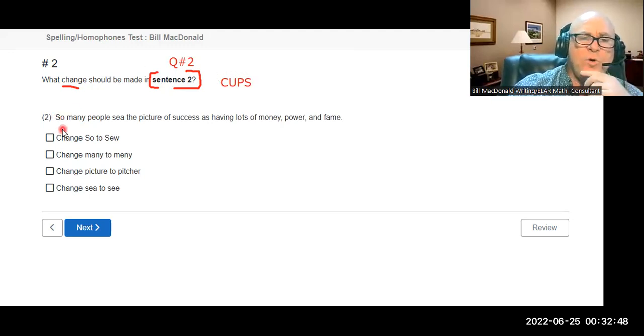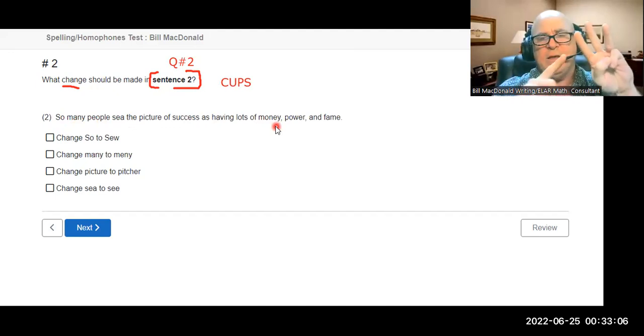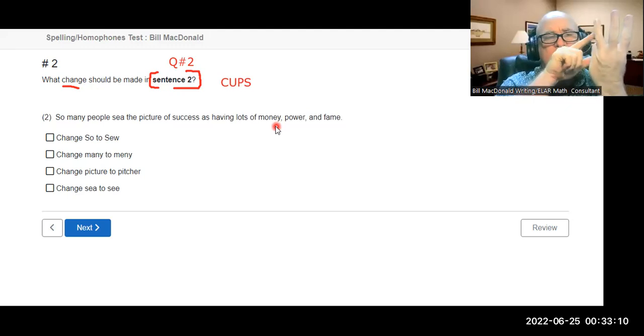Change, capital. So many people see the ocean, the picture of success as having lots of money, comma, power, comma, and fame. So if you have 3 things, it's money, comma, power, comma, and fame.